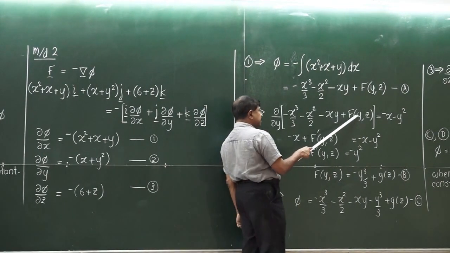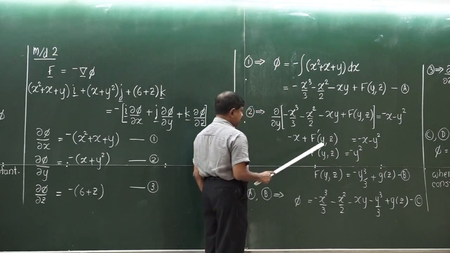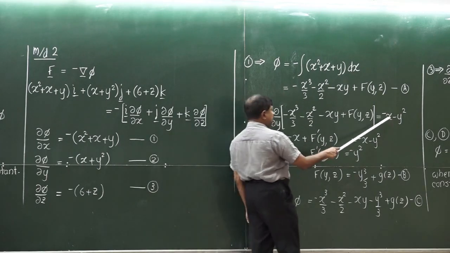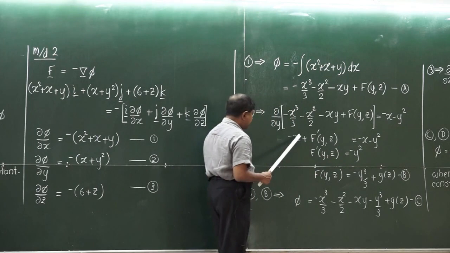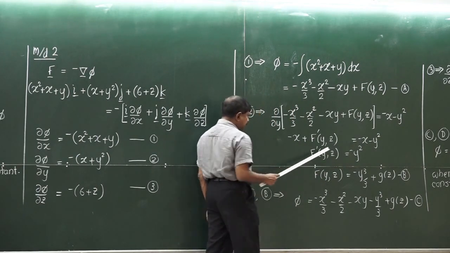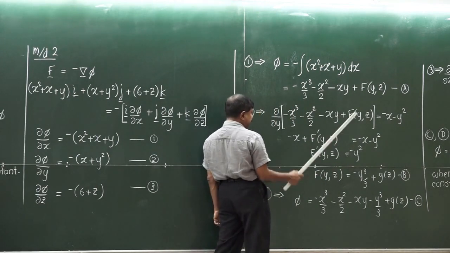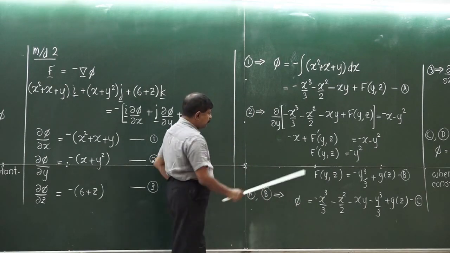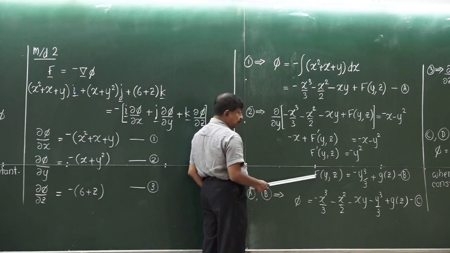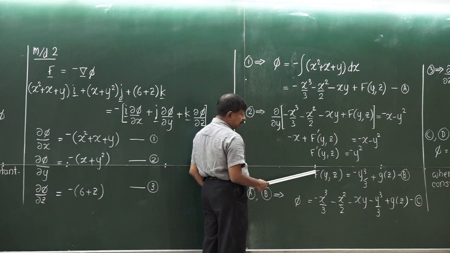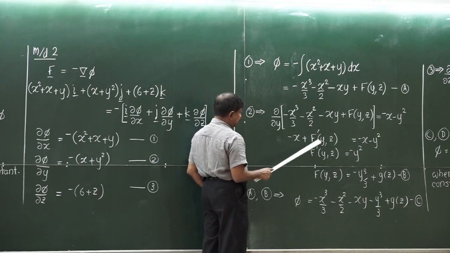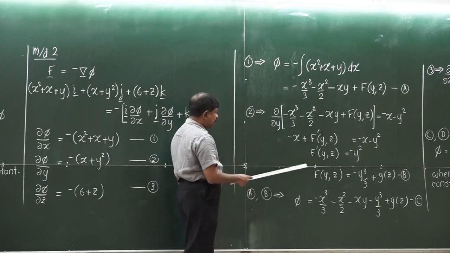When you differentiate F with respect to y, you have F dash. This side you have minus 6 minus y squared. Now, these two will go away, leaving this one as minus y squared. Now, you integrate with respect to y, because here the variable we considered was y.